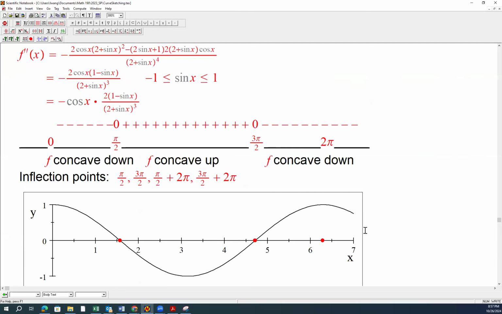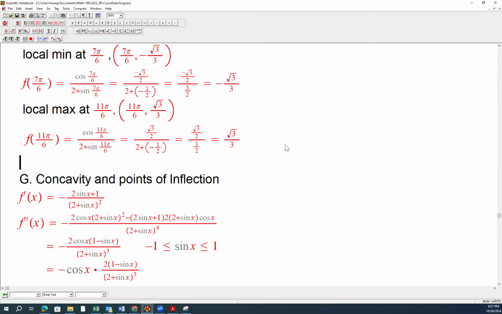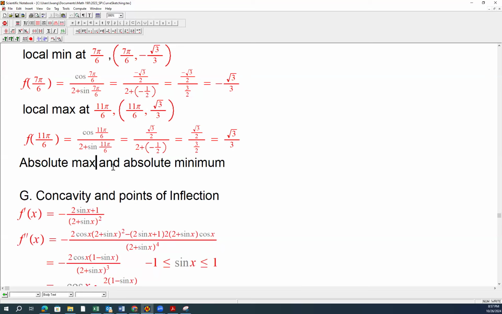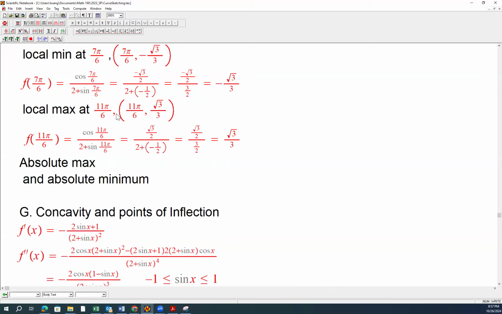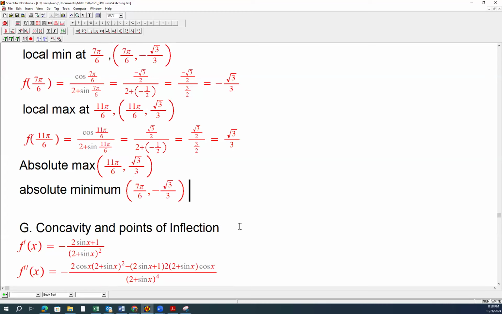And we have many such points. That's the interesting part, okay? So that's absolute max, and absolute min. Here we go, right?